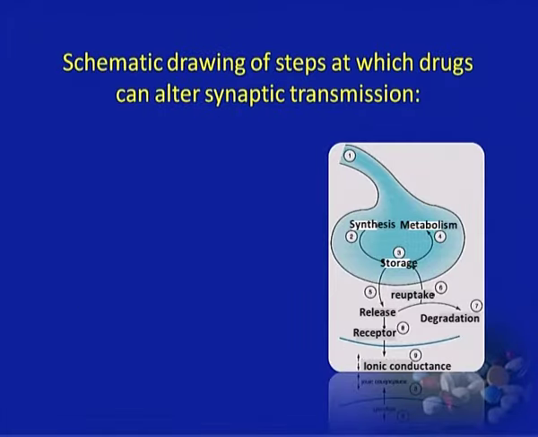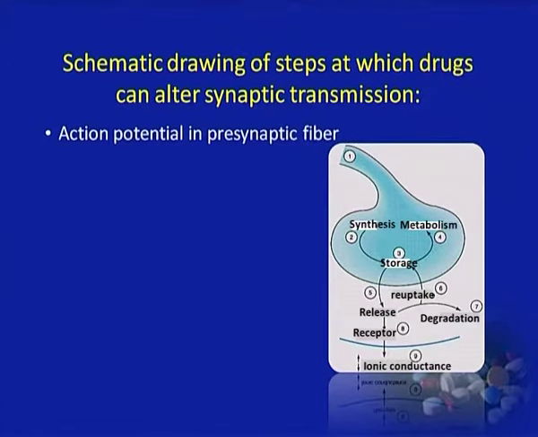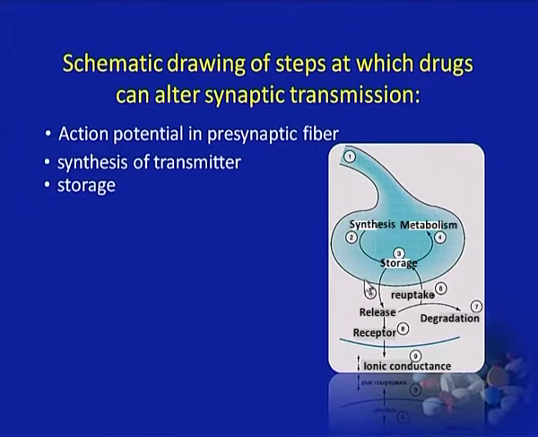Here you can see a schematic drawing of steps at which drugs can alter synaptic transmission. The first step is the action potential in the presynaptic fiber. Second is the synthesis of the transmitter. Third is storage. The next step is metabolism and then release.